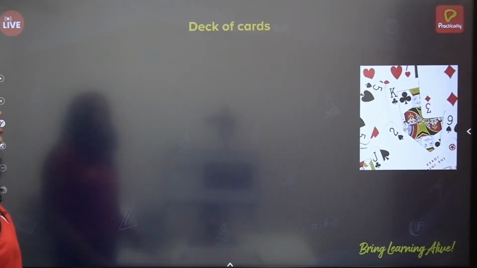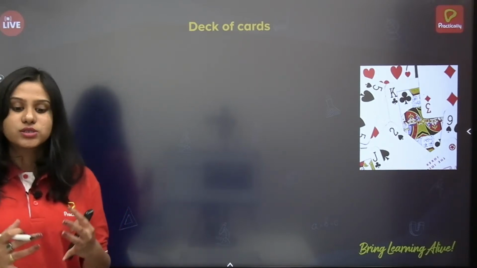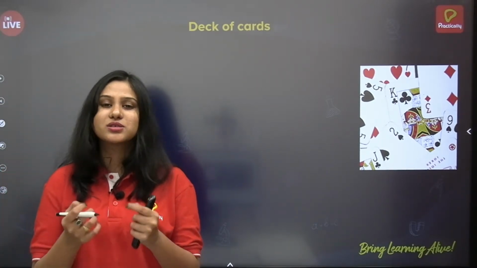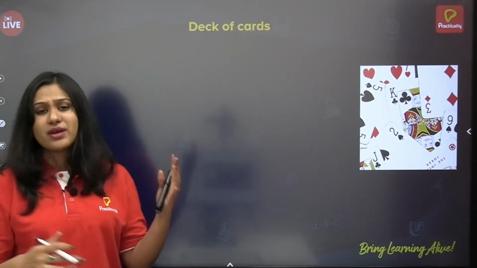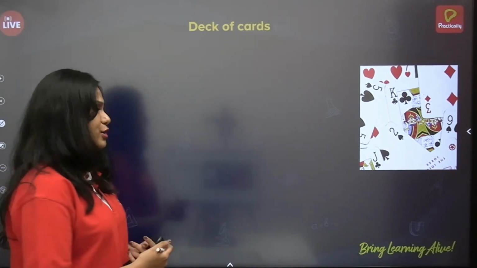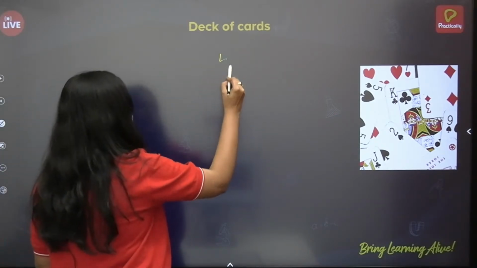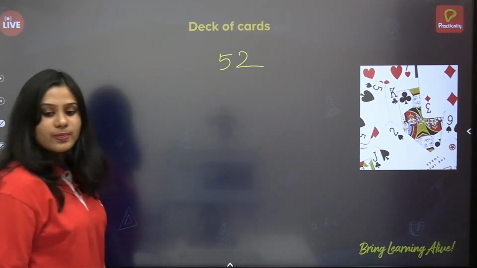Okay, the same question. Now let us once go through the deck of cards, because this is one confusing topic. We would be really messed up when this question is given, and it will be a clumsy kind of thing. So let us just see. How many cards are there? 52. Correct?